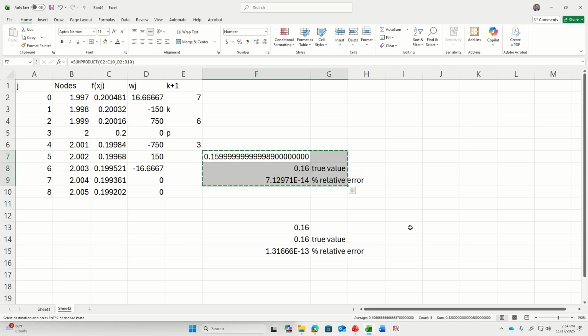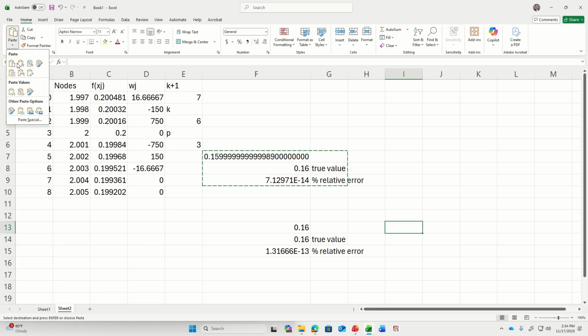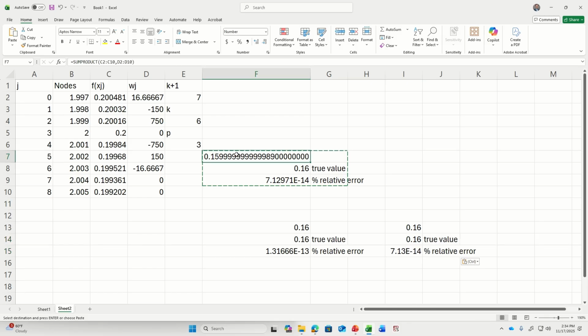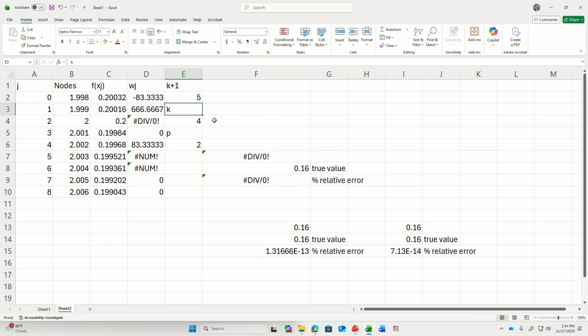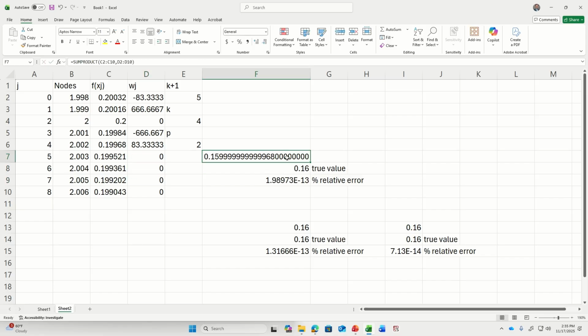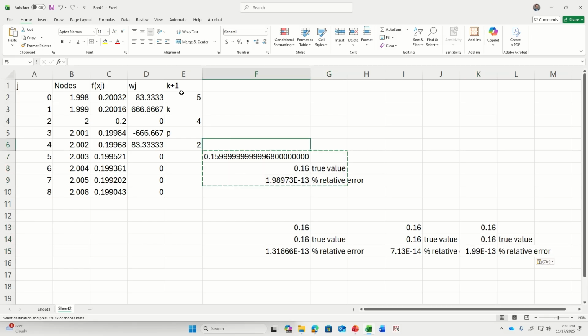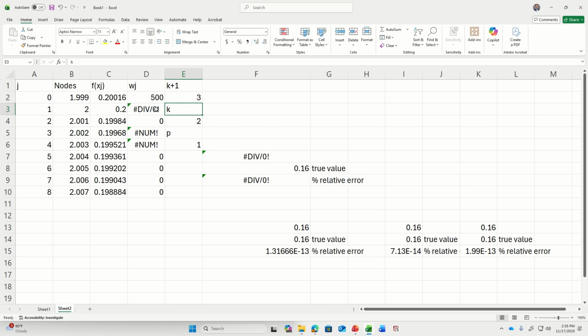It's kind of weird. This time it has a better relative error. Okay, let's try k plus 1 equals 5. And then k plus 1 equals 3.